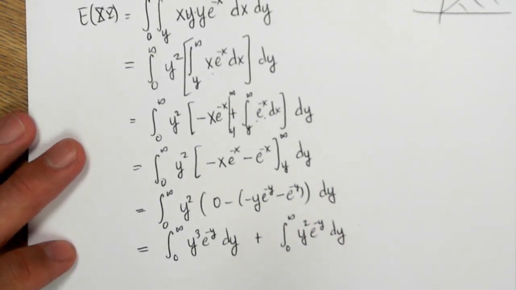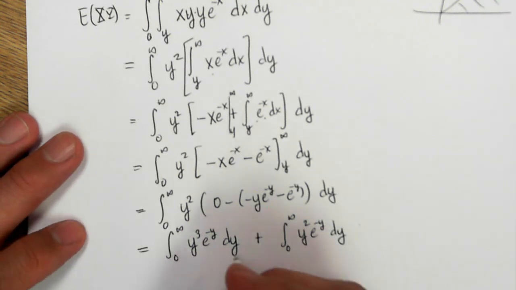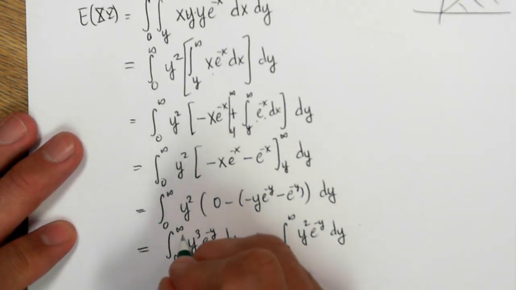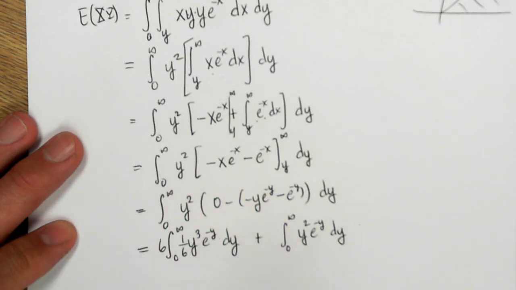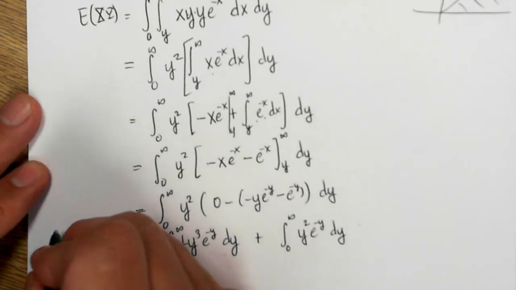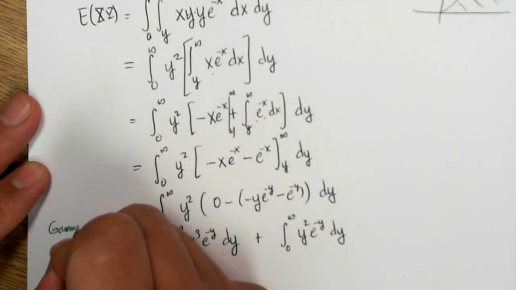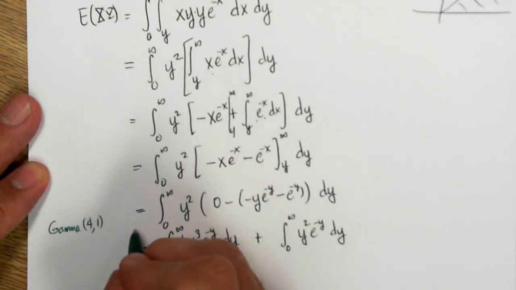Now again, hypothetically, I can integrate this by parts, but I recognize that I can use a shortcut here. If I throw in a 1/6 here and a 6 there, this becomes the PDF for the gamma distribution. So I'll just mark this. This is a gamma distribution with parameters 4 and 1.